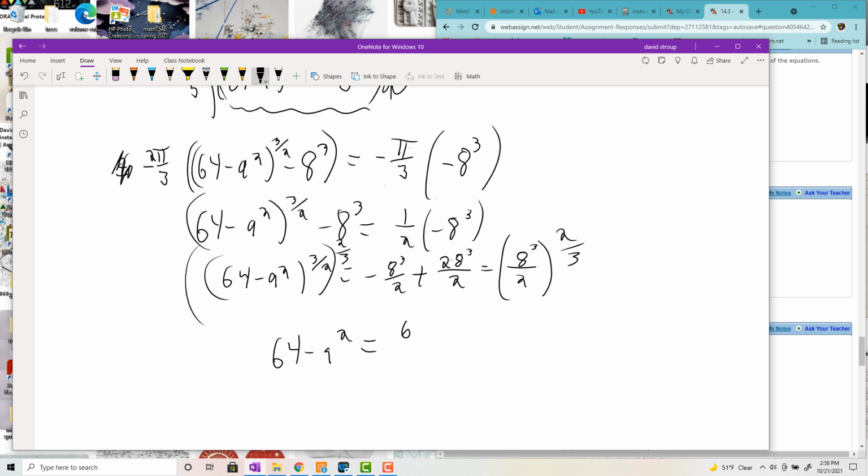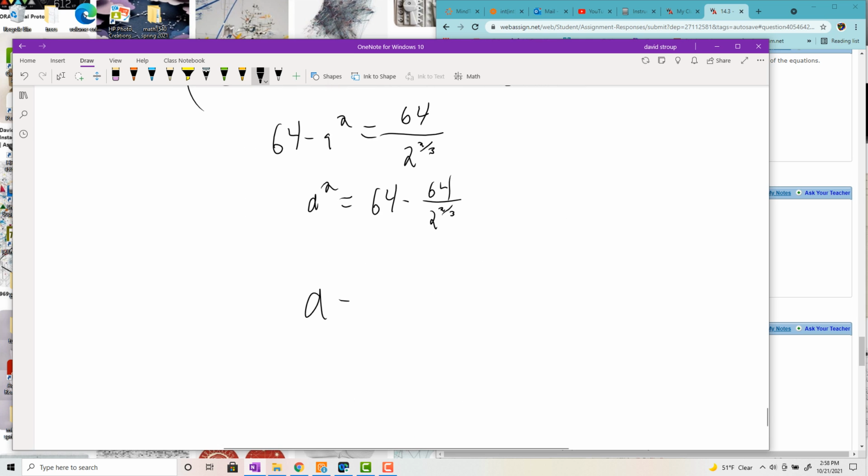So that's going to be 64 all over 2 to the 2/3, because 8 to the 2/3 is just 8 squared. So then you would get a squared equals 64 minus 64 all over 2 to the 2/3, and square root it, get a equals the square root of that thing, 64 minus 64 all over 2 to the 2/3.